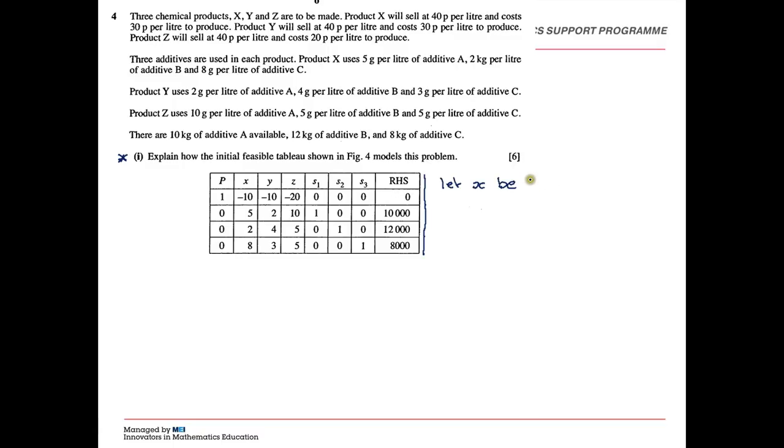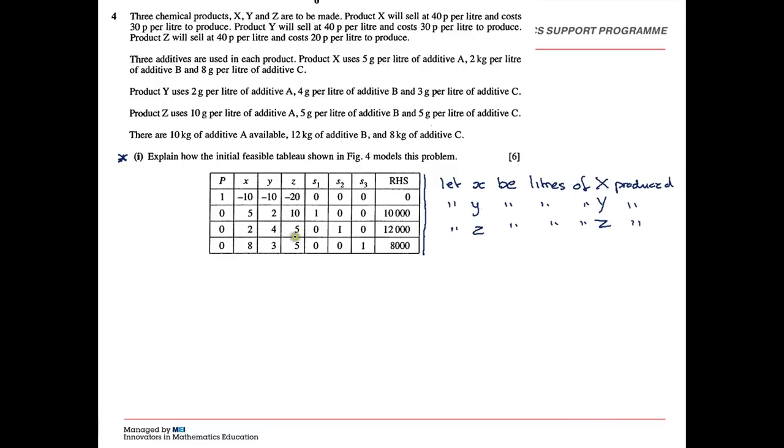So little x be the litres of X produced. And then similarly, y is the litres of product Y produced, and z is litres of product Z that's produced. And it's fine to write it like that. You don't need to write long sentences, but you must be clear about what you mean.